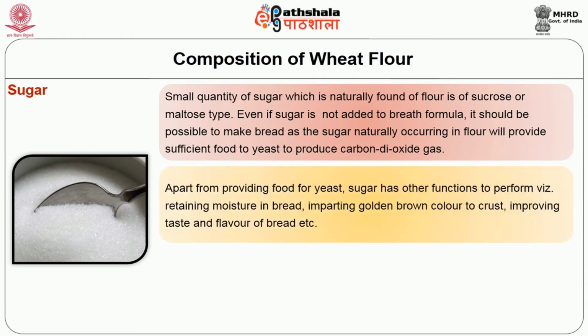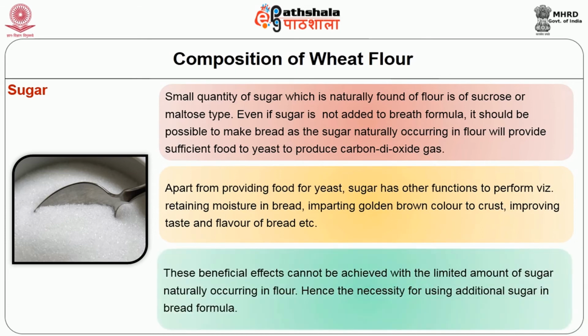However, apart from providing food for the yeast, sugar has other functions to perform, like retaining the moisture in the bread, imparting golden brown color to the crust, and improving the taste and flavor of the bread. These beneficial effects cannot be achieved with the limited amount of sugar naturally occurring in the flour. Hence, it is necessary to use additional sugar in the bread formula.